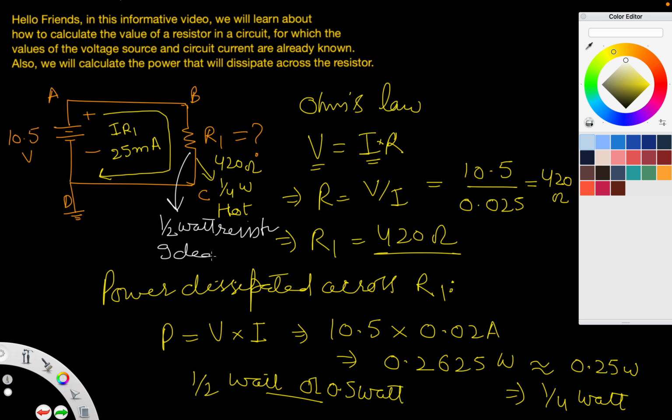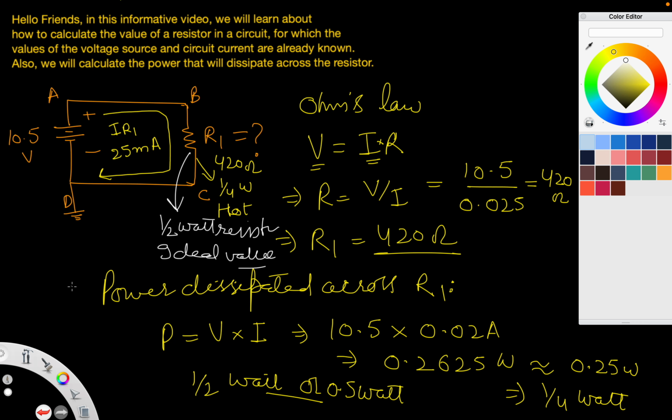So this is how we calculate this. You can practice this. This is a very easy method, but in this case we have already assumed the value of the current, 25 milliamperes, so that we would get 420 ohms of resistance. It can be any value of current, and you can easily calculate the value of resistance using Ohm's law.